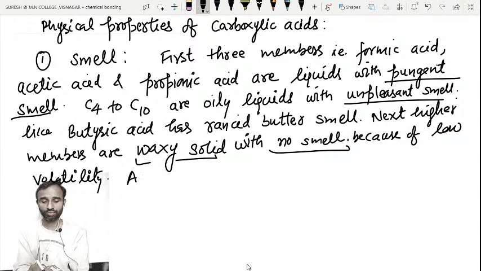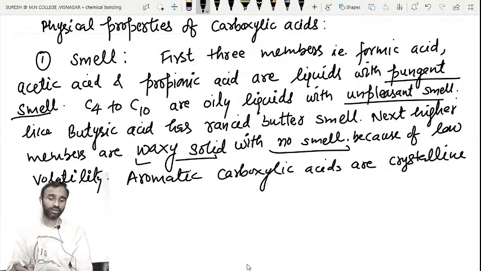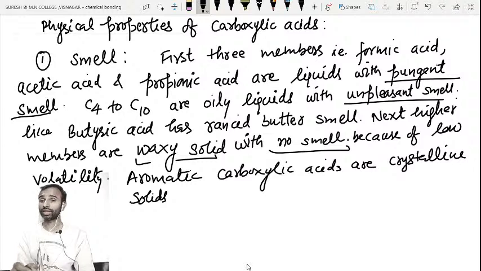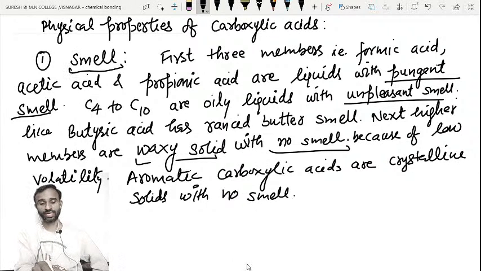Same is the case with aromatic carboxylic acids, which are crystalline solids with no characteristic smell. So this is about their physical state and smell.